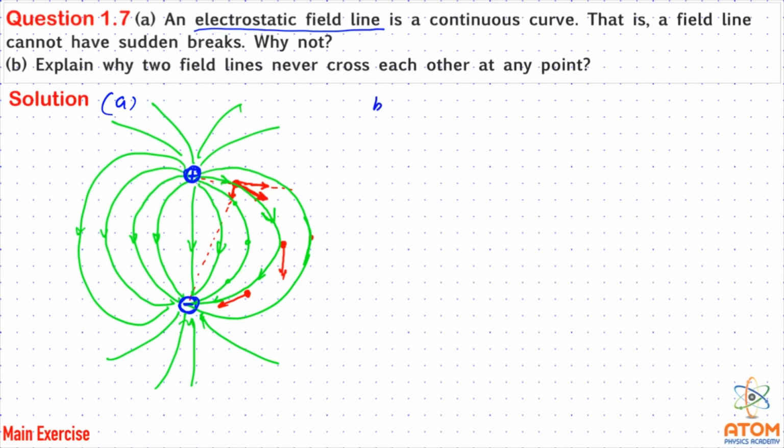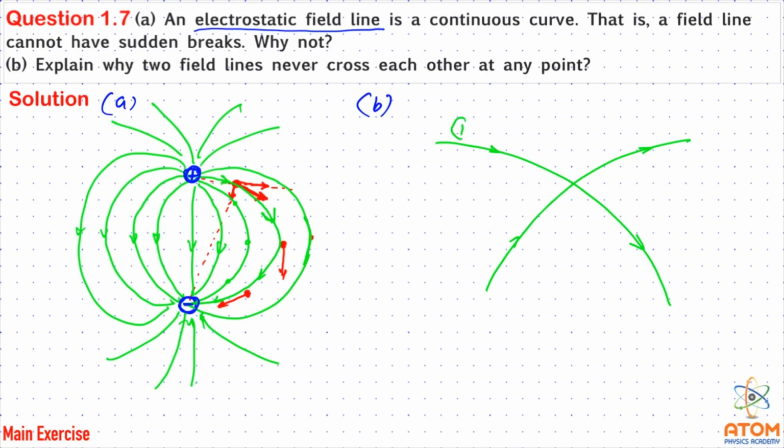Now let us see the second answer. Explain how field lines never cross each other. Okay. Now if I draw a field line, let us say this way, this is the direction of field line, and suppose I draw another field line as well, and I also show that they both intersect each other, they both cross each other, then what will happen?